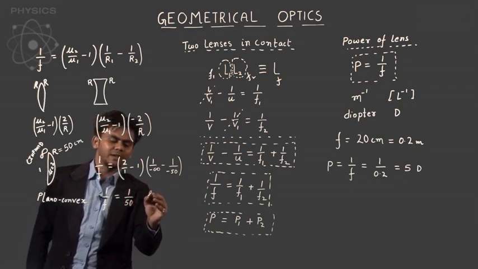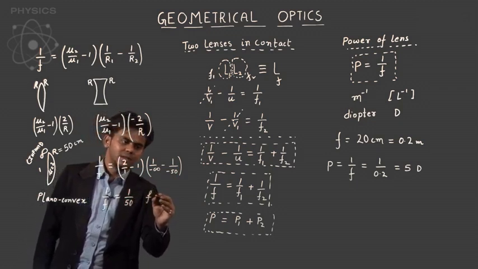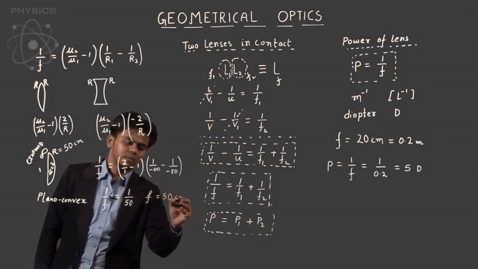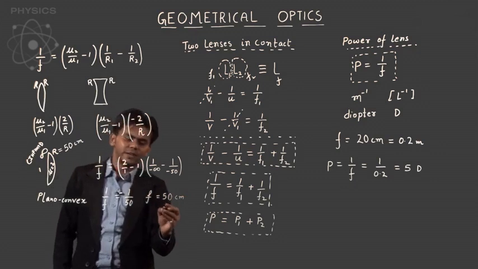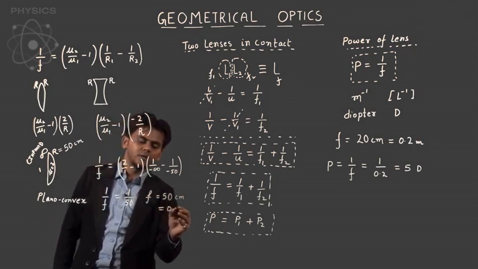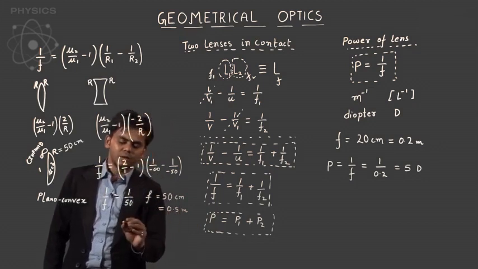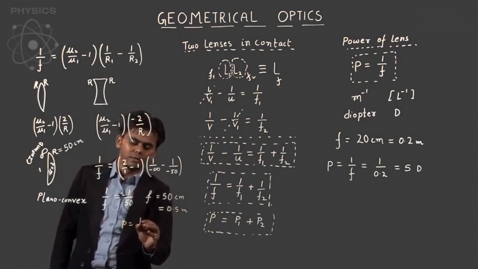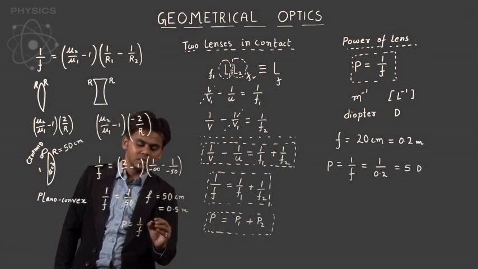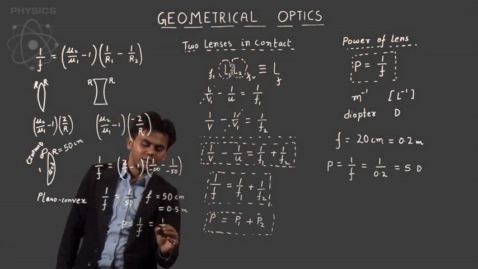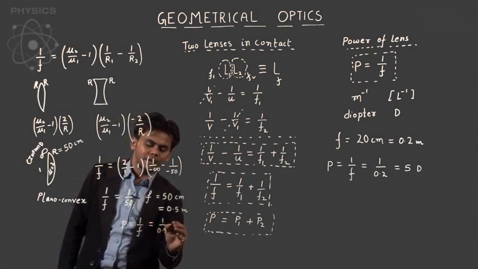And as I have taken everything in centimeters, this gives you 50 centimeters. Let's convert it to meters. That would be 0.5 meters. So your power would be simply 1 by f. F should be in meters. That would be 1 by 0.5. That would be your 2 diopters.